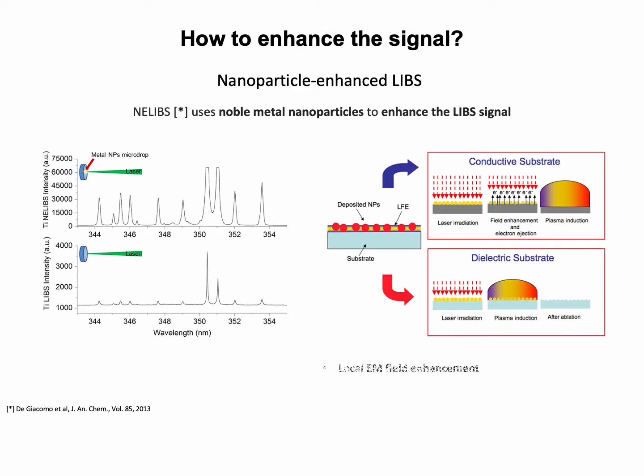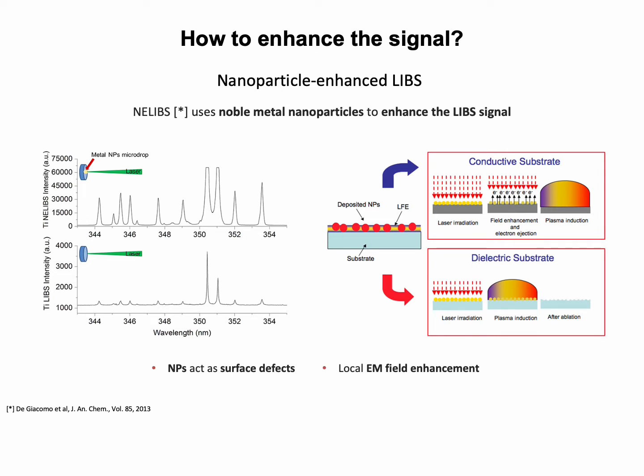Another approach was very recently introduced by the group of De Giacomo, and it exploits the effects of deposition of noble metal nanoparticles on a sample to greatly improve the LIBS performances. While this partially restricts the LIBS advantage of not having to prepare the samples beforehand, the results more than compensate for the time and effort spent in this extra step. In brief, the nanoparticles enhance the local electromagnetic field generated by the laser pulse onto the sample surface.